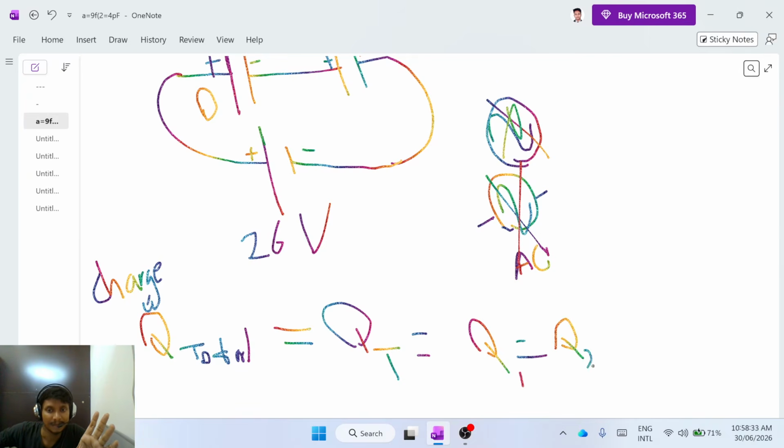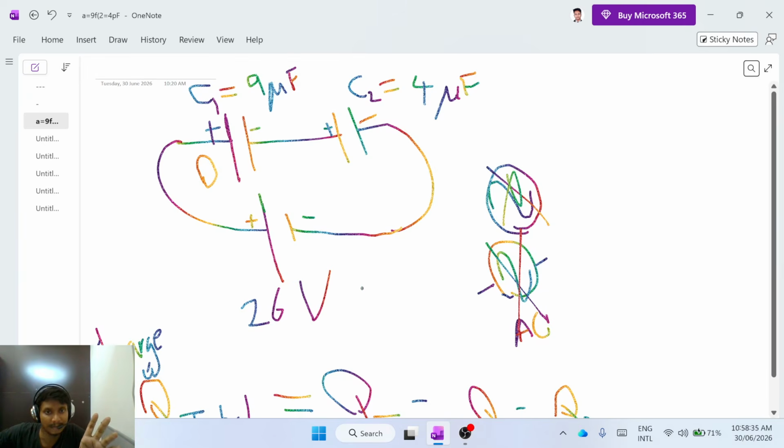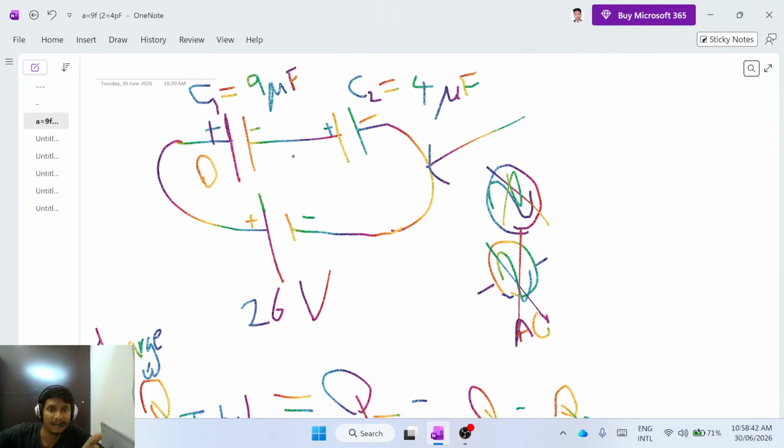If the total charge is Q, there are two capacitors, and we can find the equivalent capacitance instead of these two capacitors.